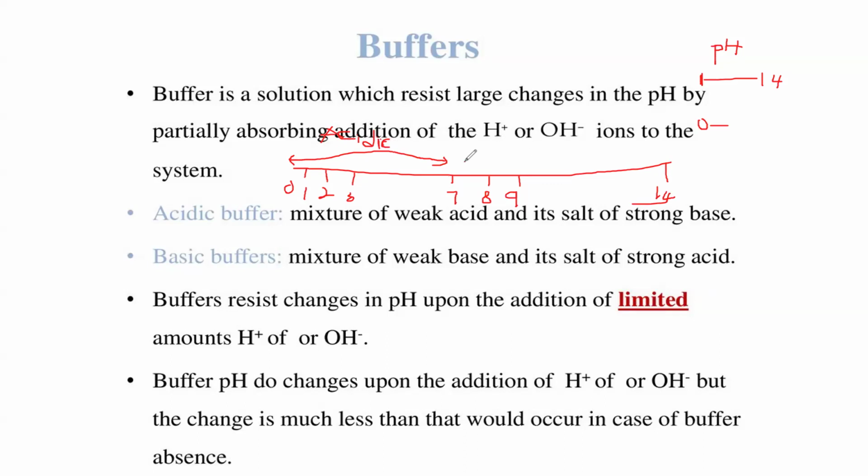And when it is between 7 and 14, it tells you that substance is a base or alkali. You can call it alkali or base. So a substance with a pH of 8 is a base.